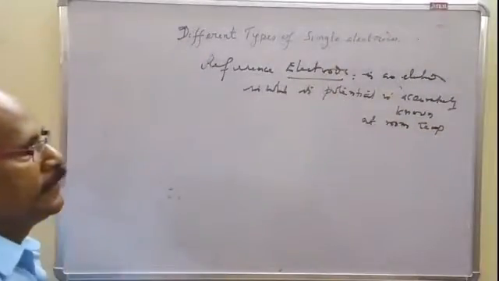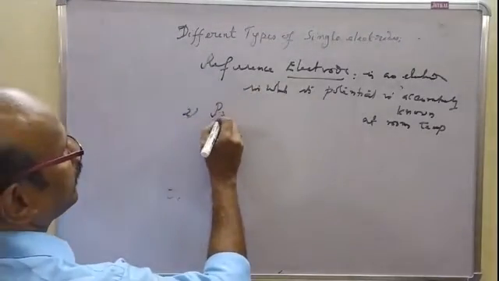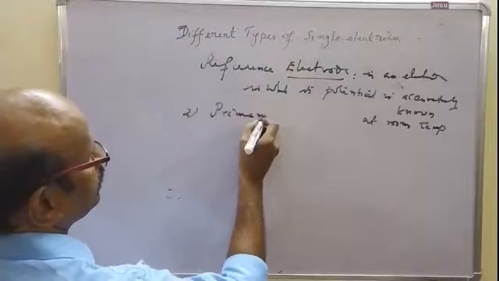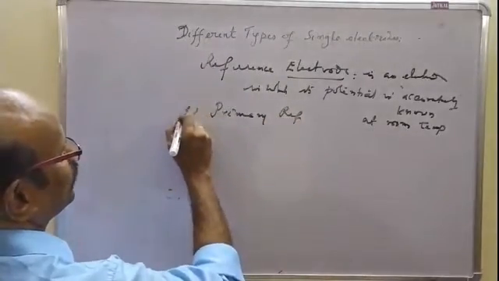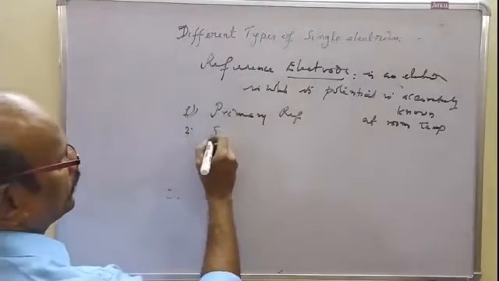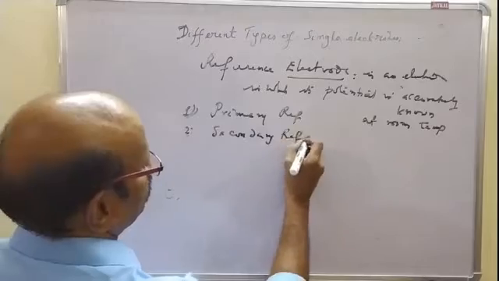That is called a reference electrode. There are two types of reference electrode: primary reference electrode and secondary reference electrode.